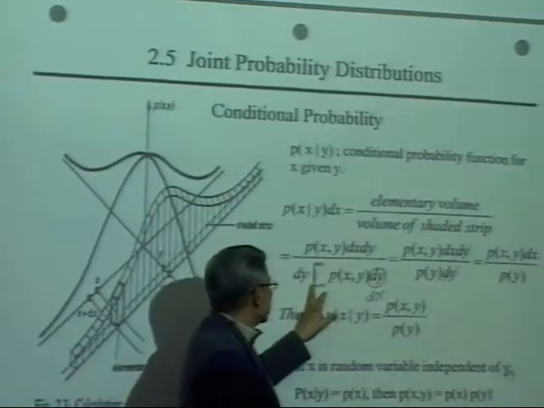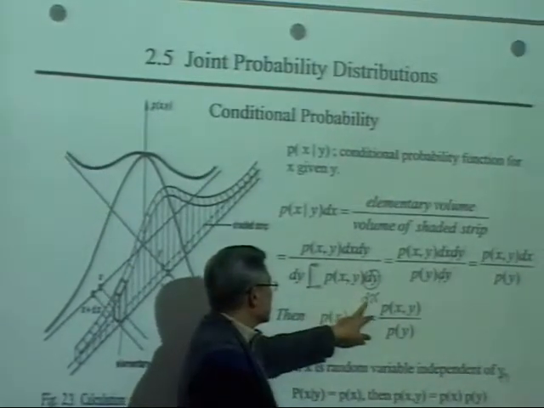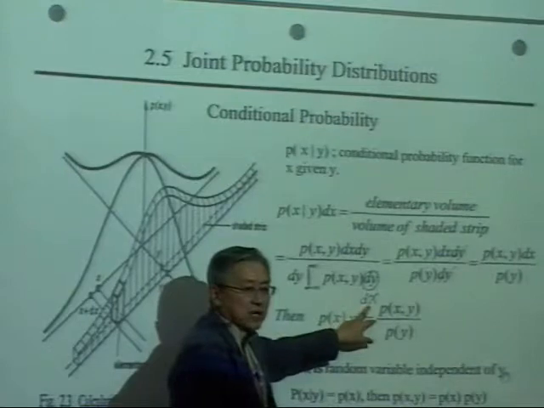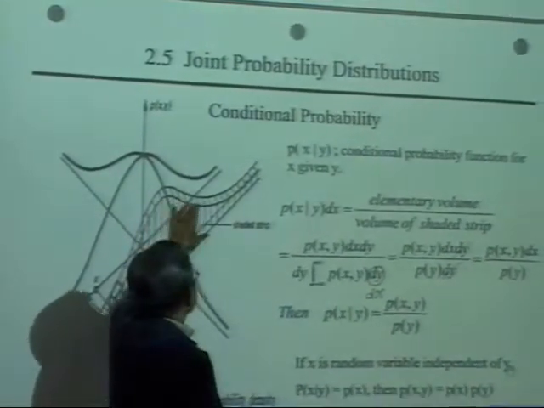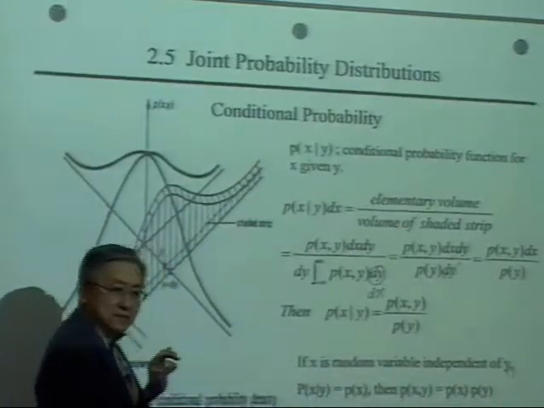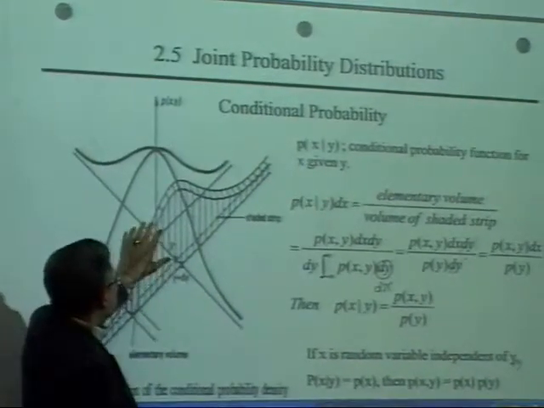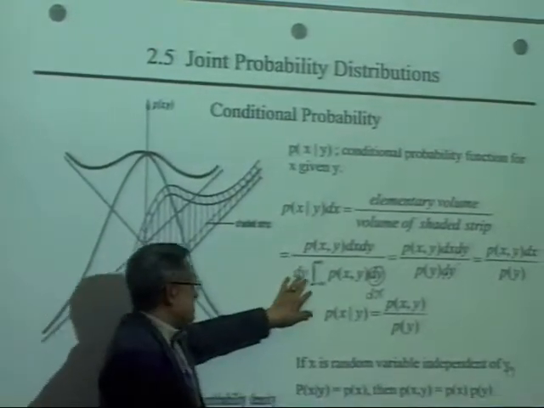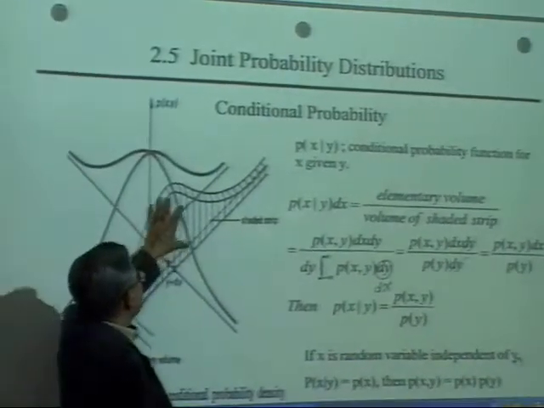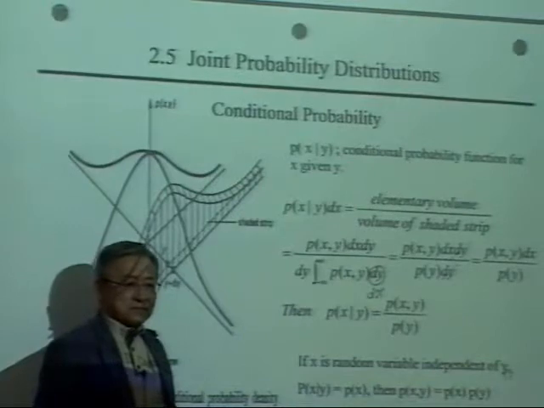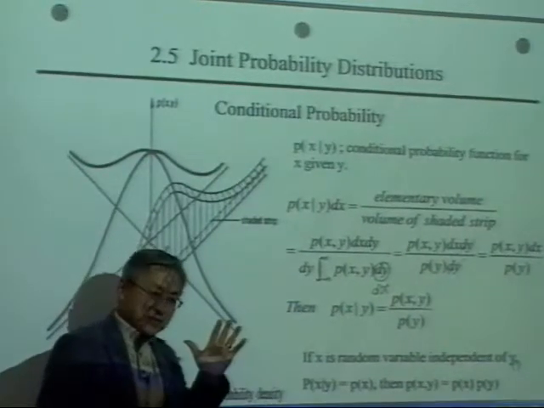And this integration with respect to dx is the area of this guy. So the denominator is the volume of this strip, given.